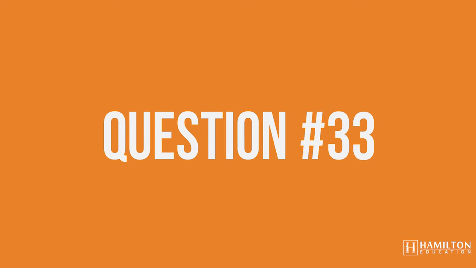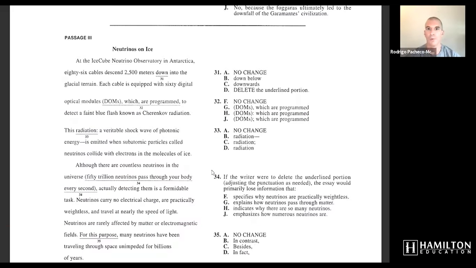Question 33 is a punctuation question. What we have here are non-essential elements. So let's take a look at the sentence. This radiation, a veritable shockwave of photonic energy, is emitted when subatomic particles called neutrinos collide with electrons in the molecules of ice.